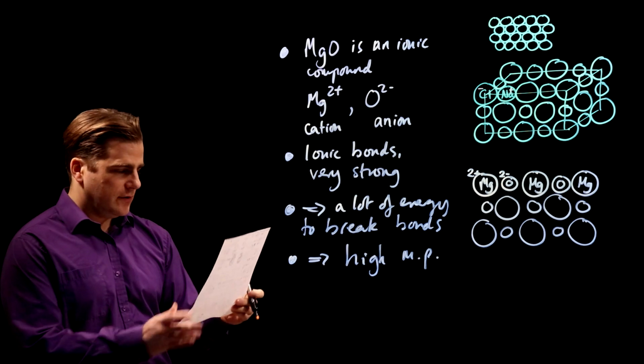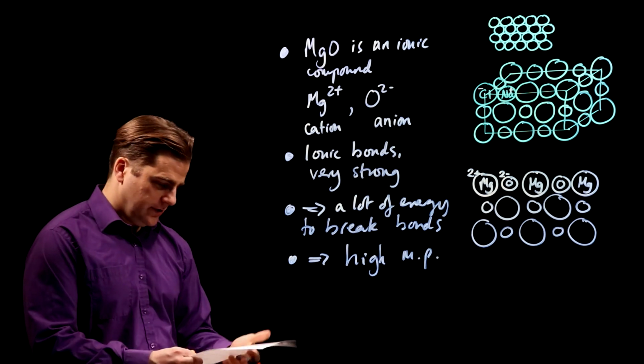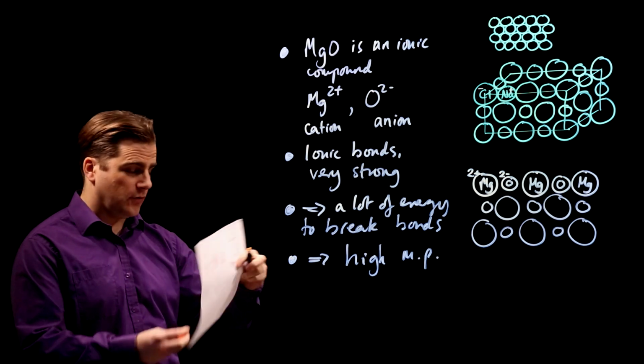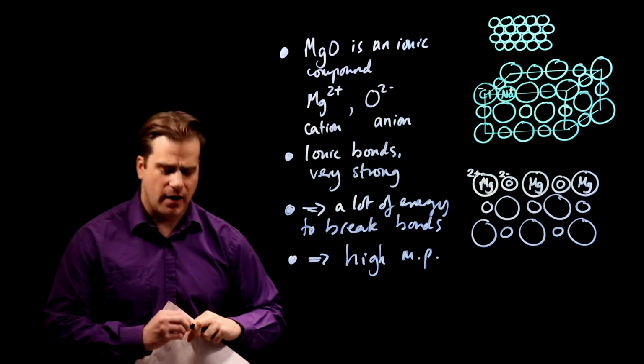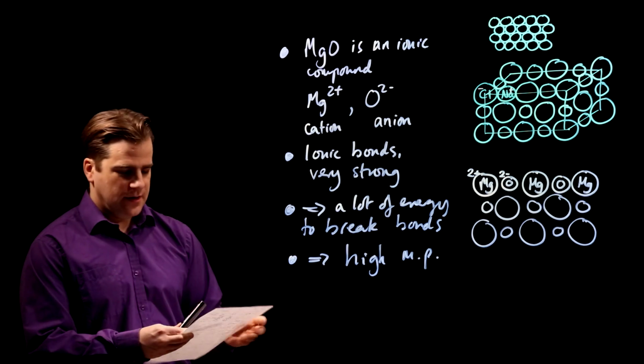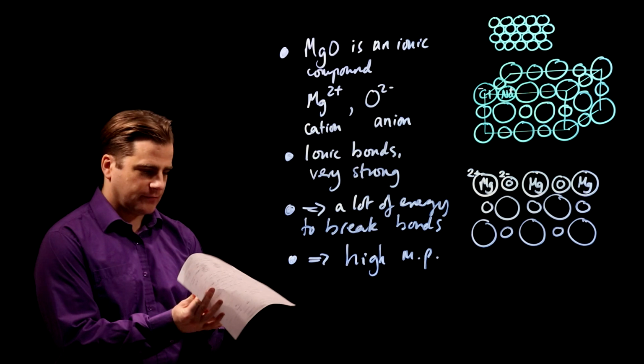Next question. Write the balanced equation for the reaction of calcium carbonate with hydrochloric acid to form carbon dioxide. 3 marks, curiously, so suggests this might be a bit of a challenge. Well, let's find out.